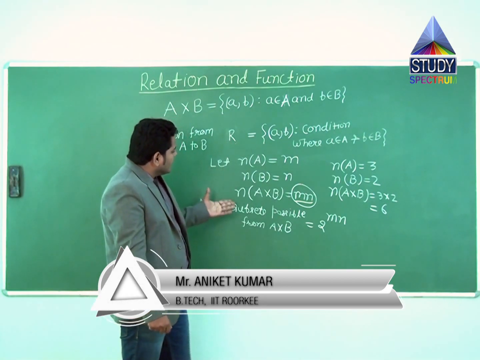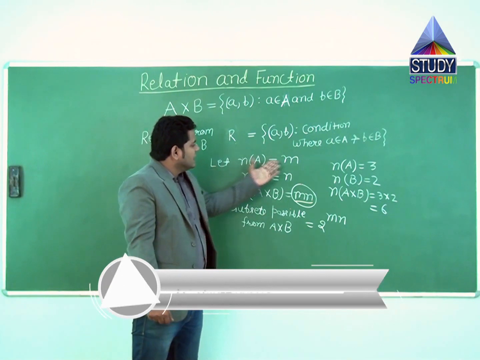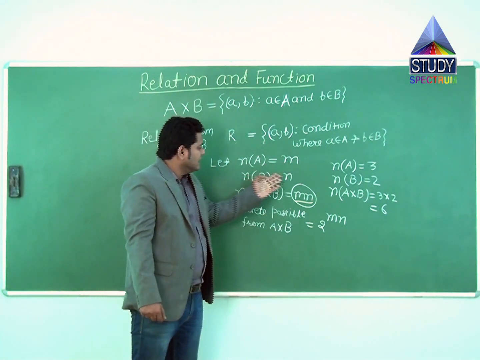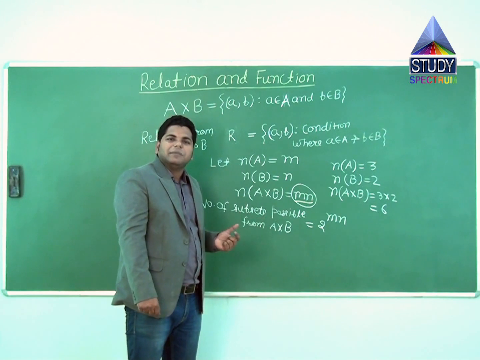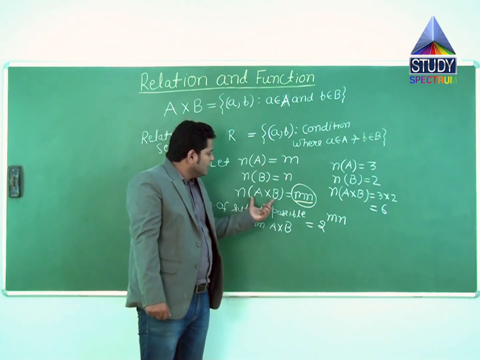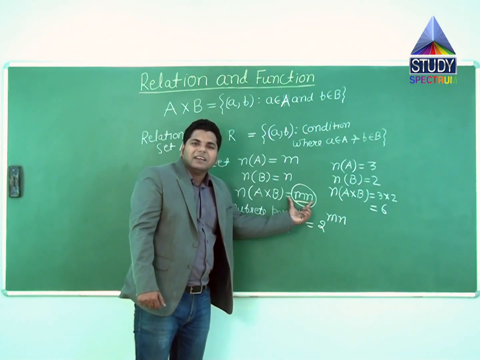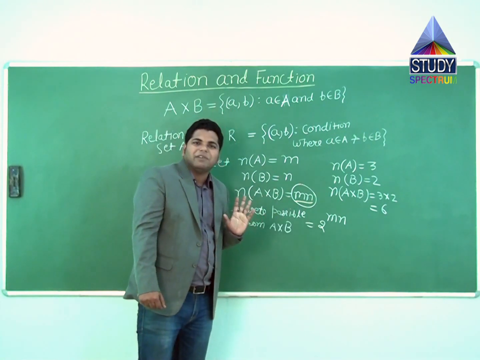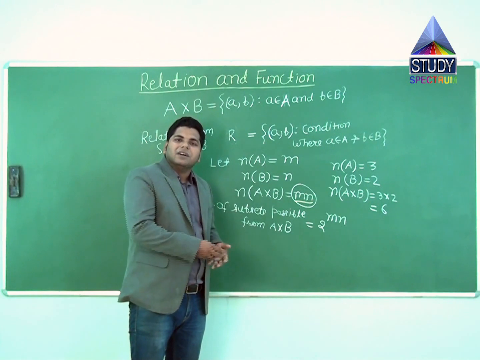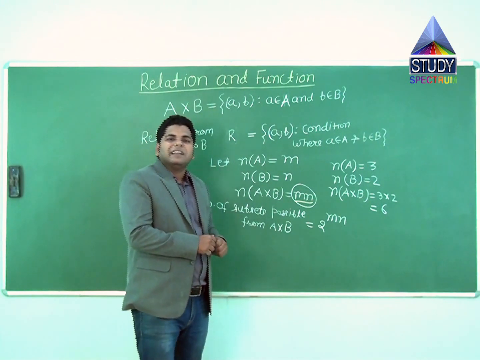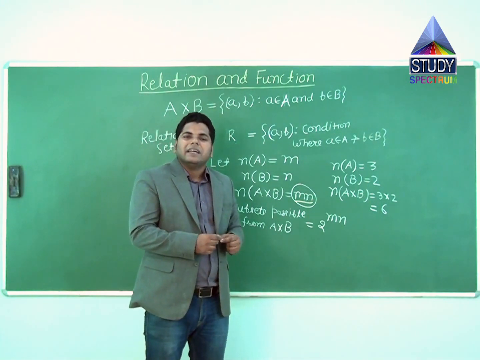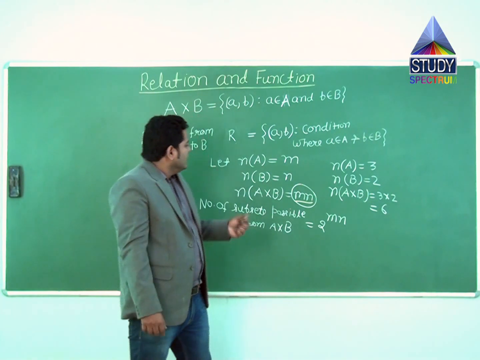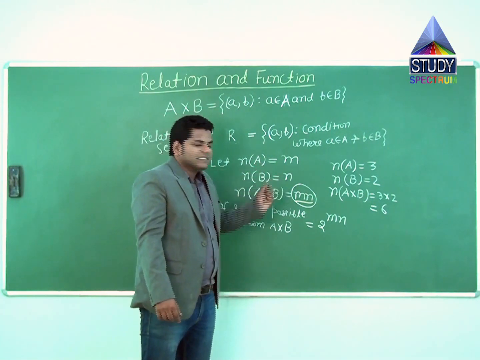So if set A has m elements and set B has n elements, the number of elements in A cross B will be mn. So the number of subsets possible from A cross B will be 2 to the power mn. How many relations are possible if A has m elements and B has n elements?